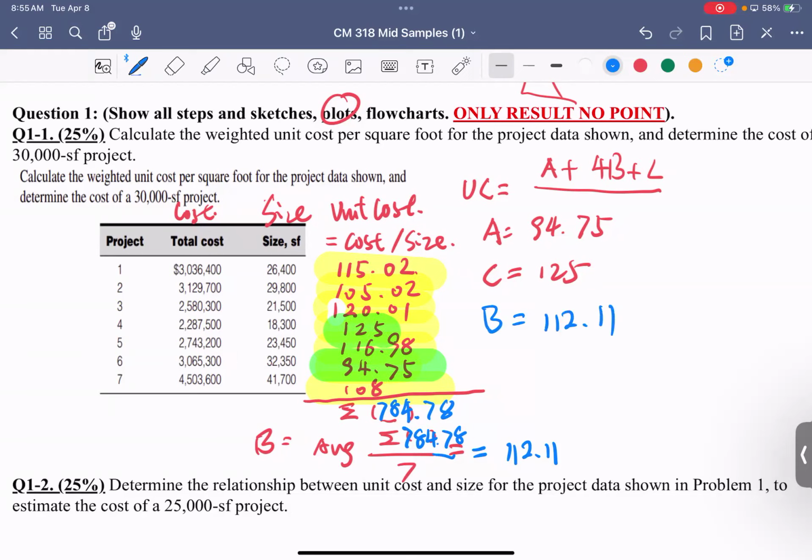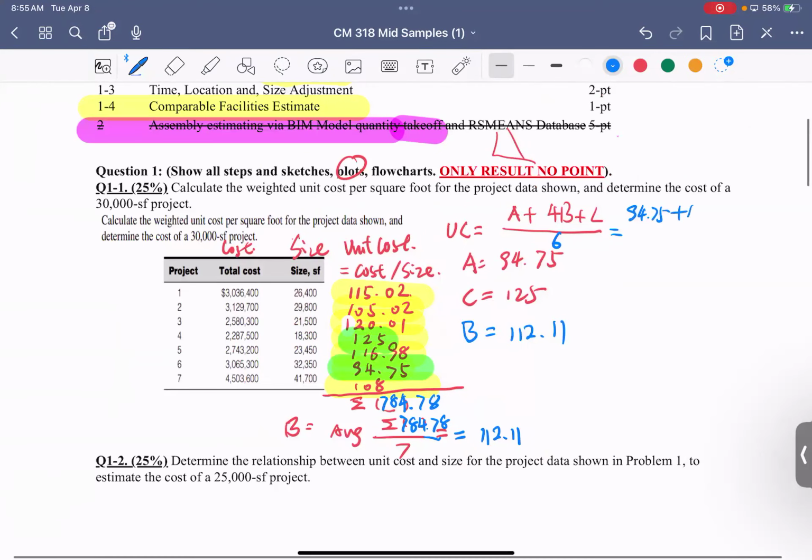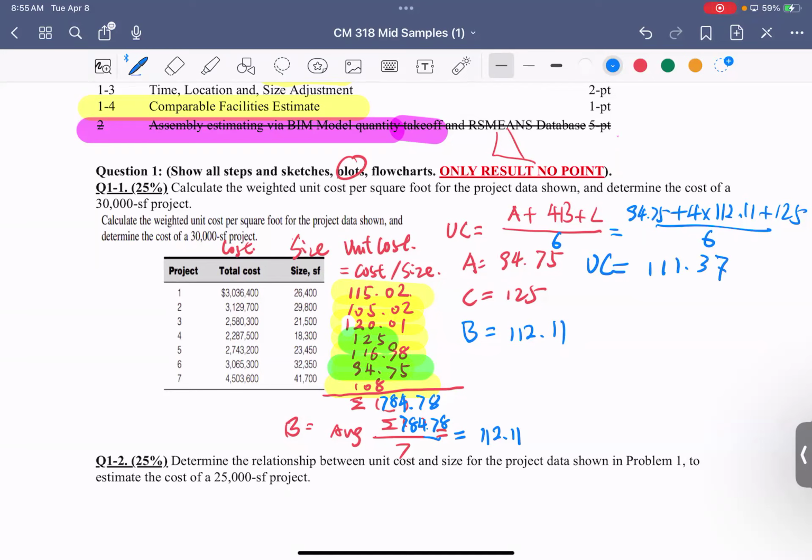And then you can get the UC is equal to... You want the final number for that? You get 111.37, right?